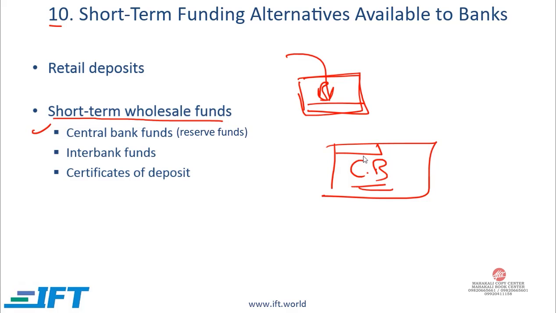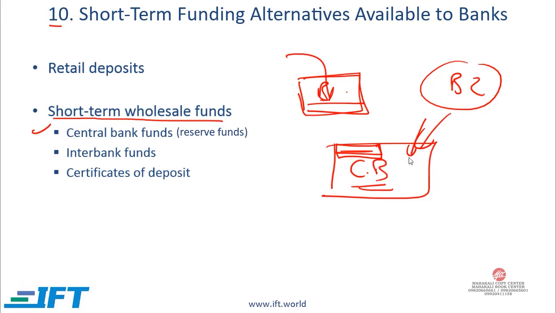Another scenario is where the bank wants to withdraw from the central bank, but there is not enough money or not enough funds in its account at the central bank. Then what the bank can do is borrow from other banks. Other banks also have deposits here at the central bank. So there might be Bank 2, which has deposits here, and Bank 2 has deposits that exceed the minimum required amount.